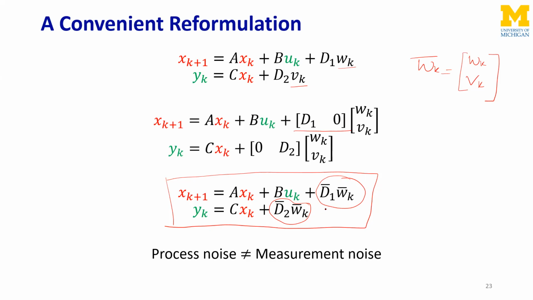So the process noise is not going to be equal to the measurement noise. If instead of these zeros we had something else, we might end up with a cross covariance term, which actually we will in one of the equations. But in most applications, we just assume that the process noise and the measurement noise are not correlated, or they don't affect each other.